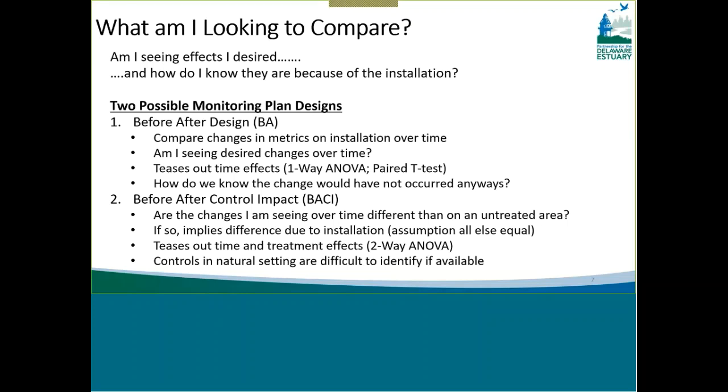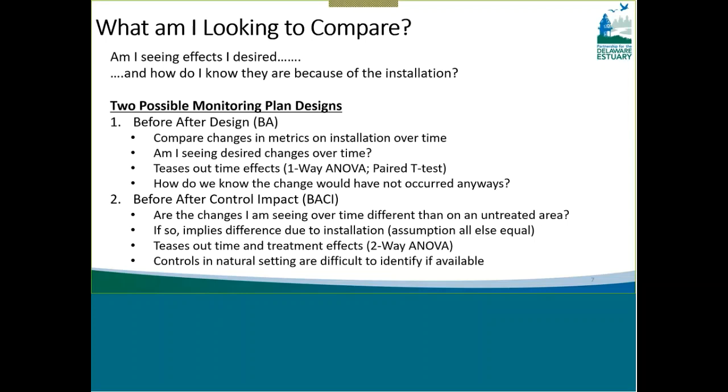That's one of the things where you have to start getting a little more complicated in your design, because we're seeing the changes, but I wonder if we're seeing them somewhere else where we didn't do anything. And that's where the design expands a little bit in number two, the before-after control impact.